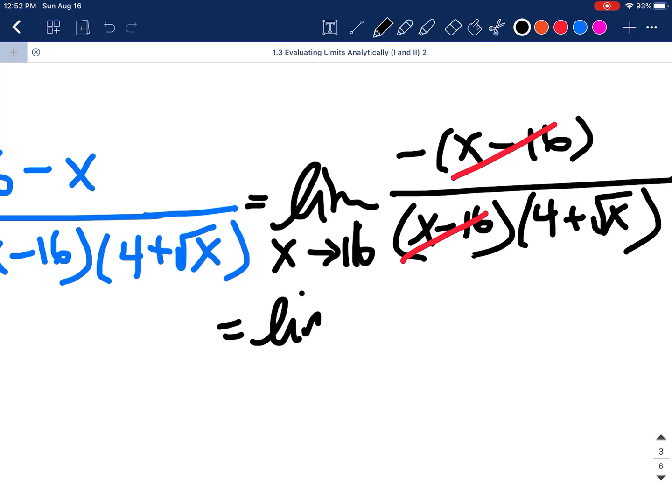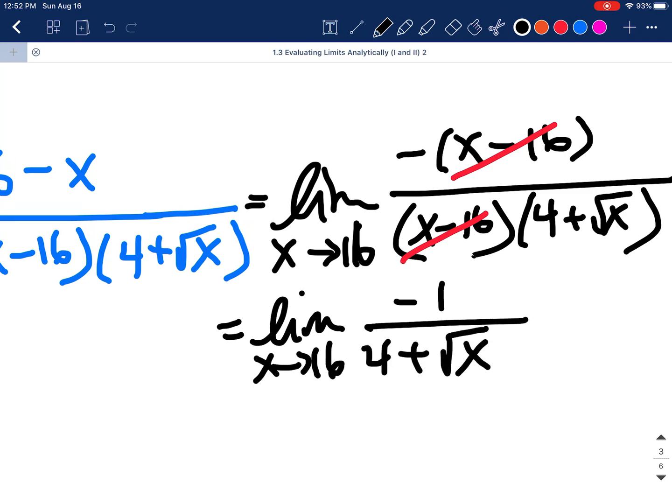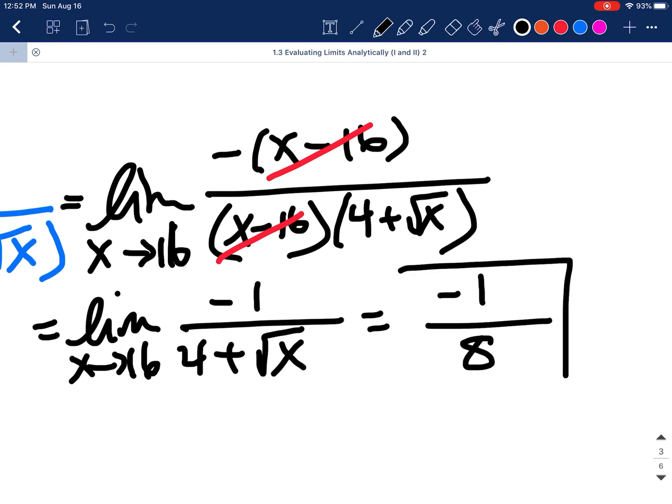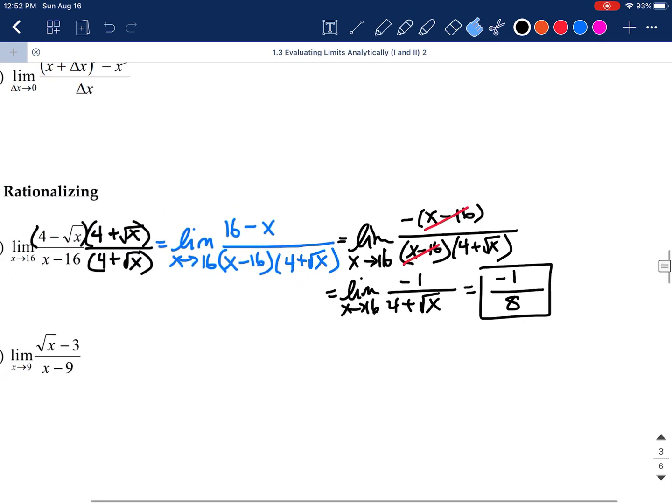So we're going to be left with the limit as x approaches 16 of negative 1 over 4 plus rad x. So note, still have that limit notation. Haven't dropped that limit notation at all. But now we can, because our direct substitution is just going to work. So we've got negative 1 over 4 plus the square root of 16, which is 8. So the answer is negative 1/8.